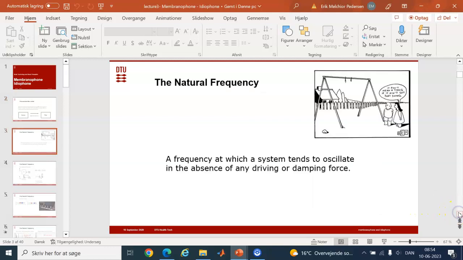They interact. The natural frequency is a frequency at which a system tends to oscillate in the absence of any driving or damping force.